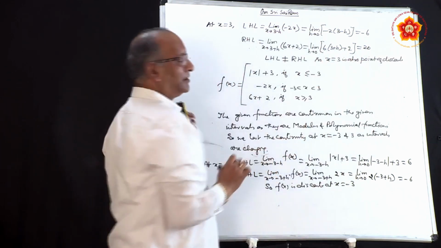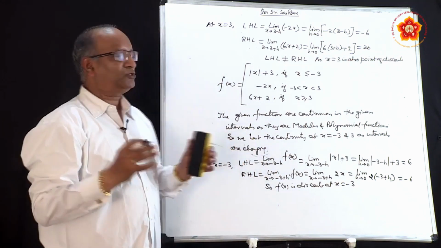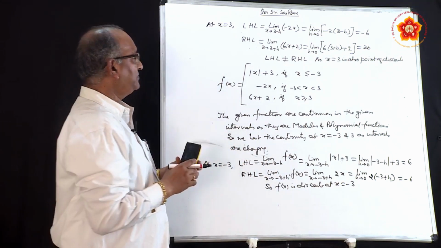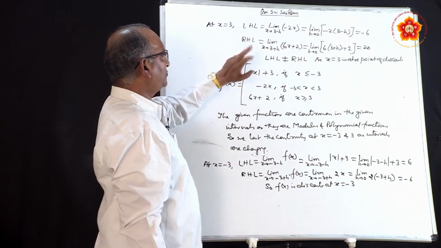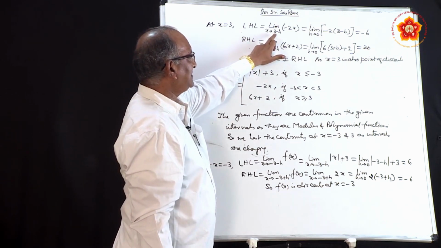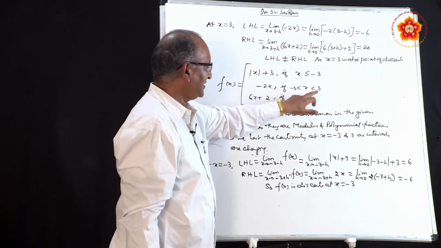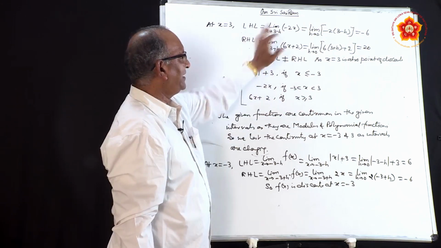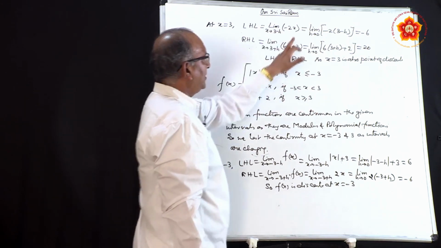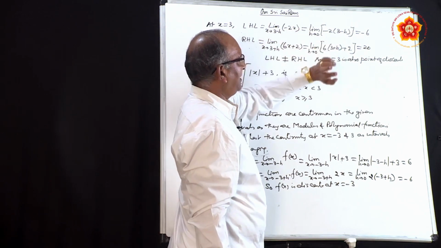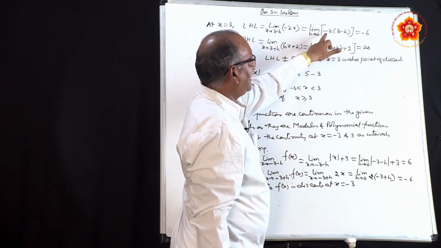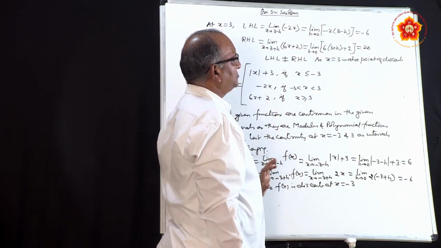Before we come to a conclusion, check whether we substituted the right values. When x equal to 3, the left hand limit is little less than 3, 3 minus h. If it is little less than 3, the function should be taken as minus 2x. So in place of x, we substitute 3 minus h. When you open the bracket, you get minus 6 because h becomes 0.